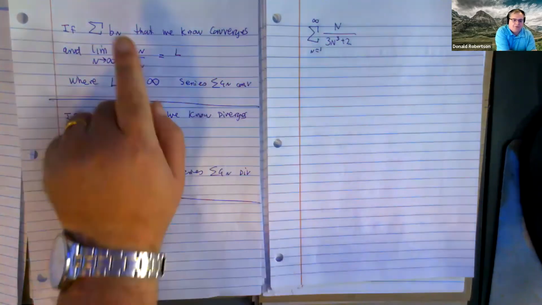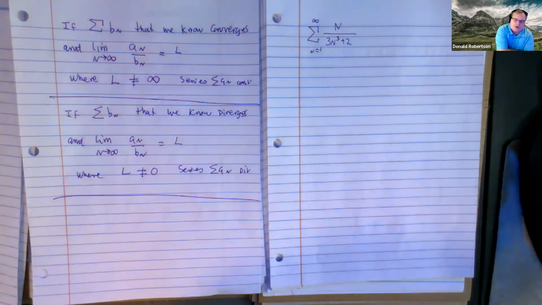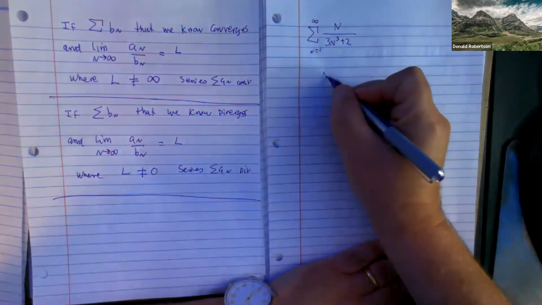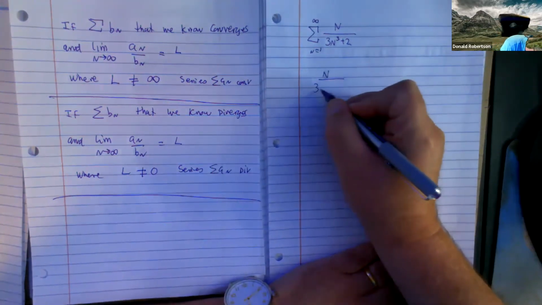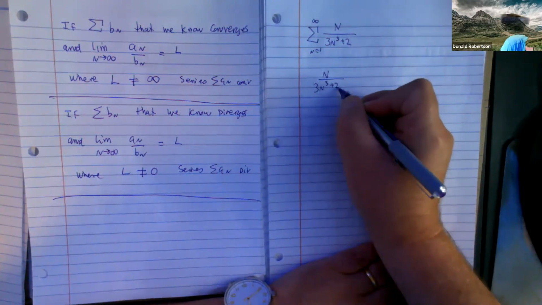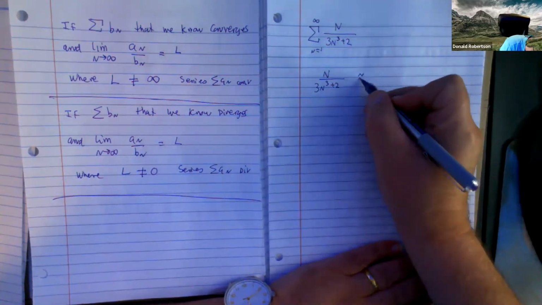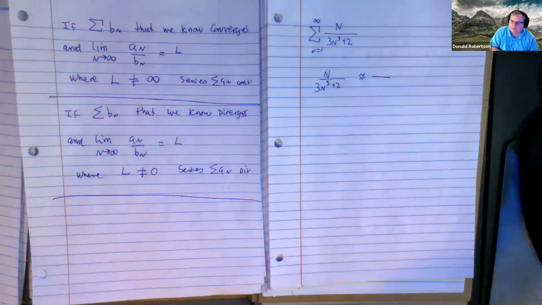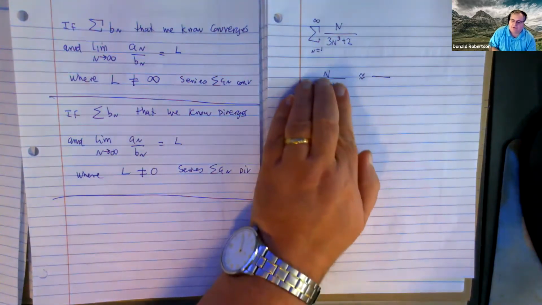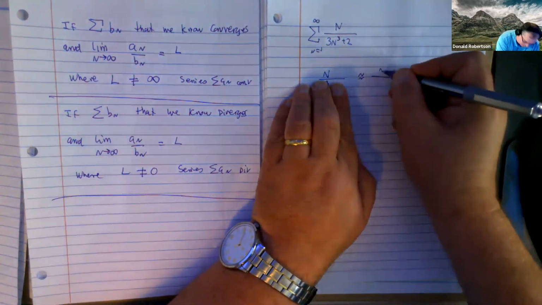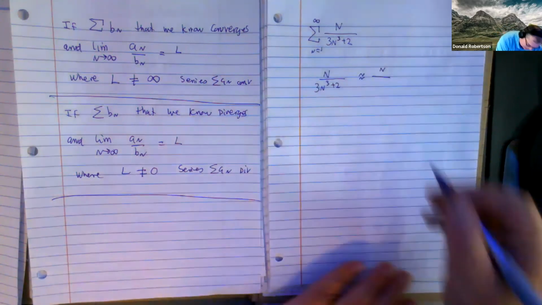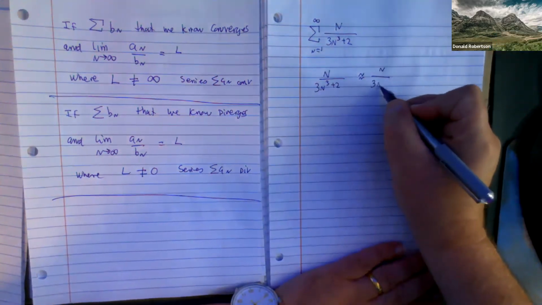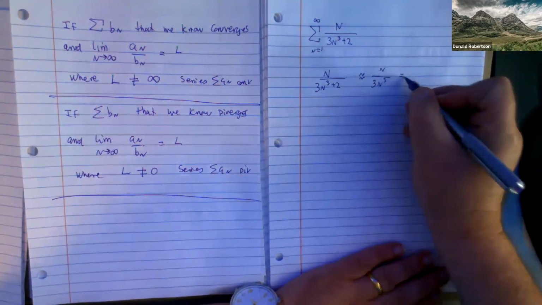We then have to find the limit of the ratio and prove that it's a number. This one's a little bit more straightforward than the last couple. Top guy, don't have a choice. Bottom guy, not much of a choice. Tidy it up.